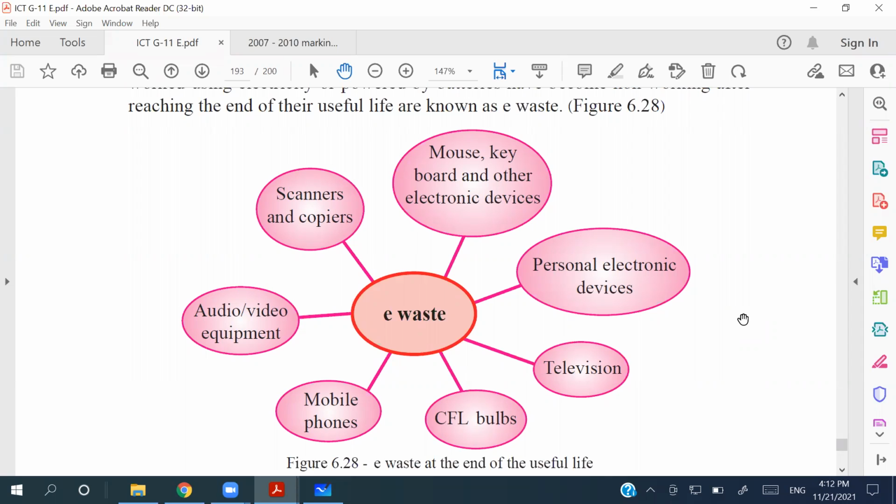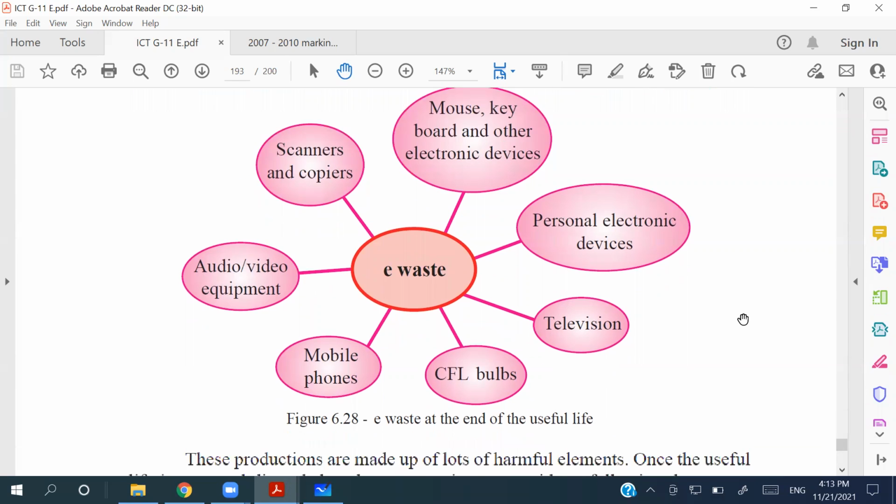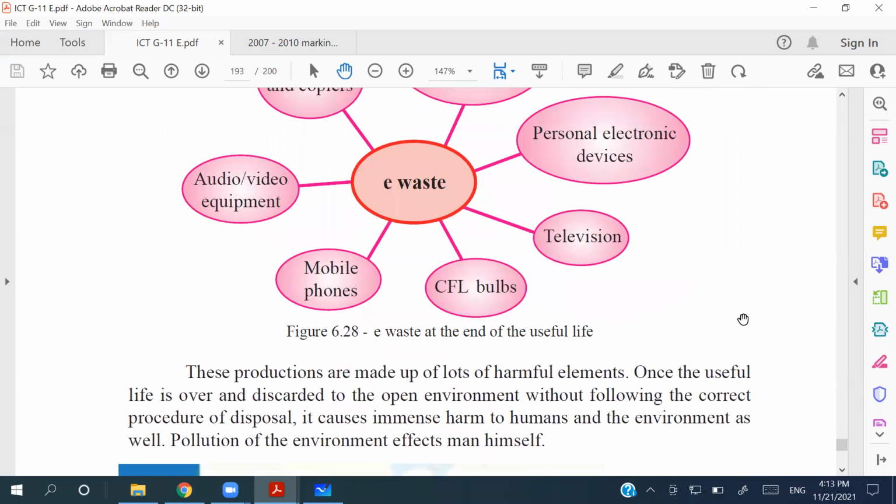Still, I have not disposed of those things. I am reusing my e-waste to give knowledge to the students, to show how things are working inside some particular devices. But still, there are centers which collect this e-waste and recycle it properly, right?